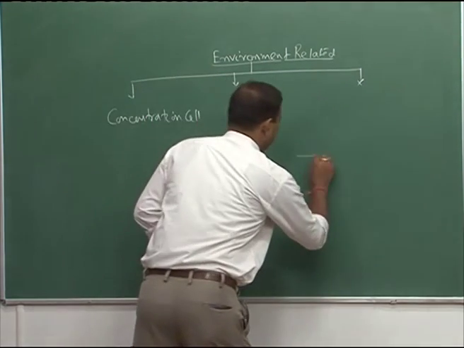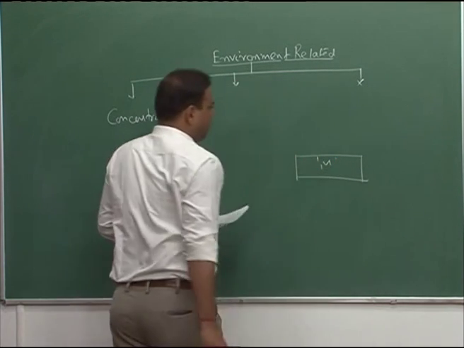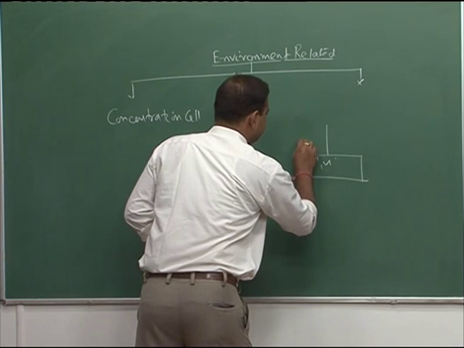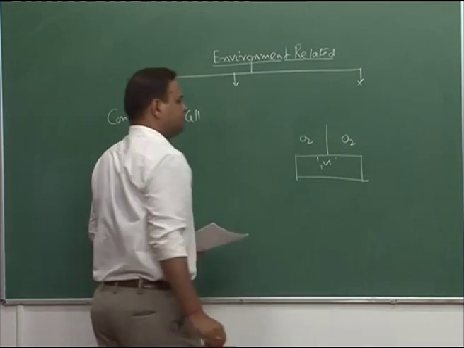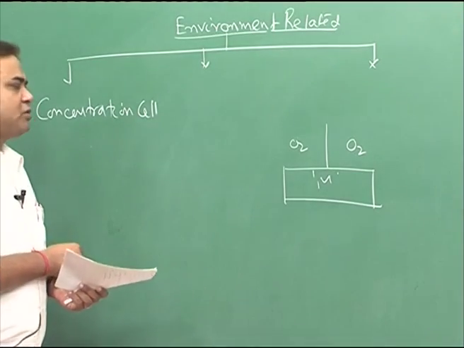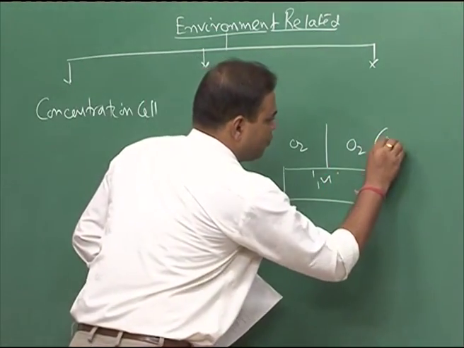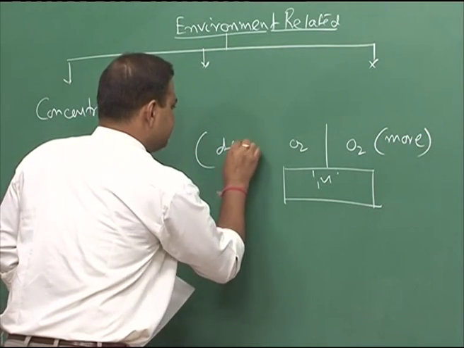For example, on a particular body, this is a metal. On that metal, if one side is depleted in oxygen and another side has excess of dissolved oxygen, so this is more dissolved oxygen and this part is depleted.